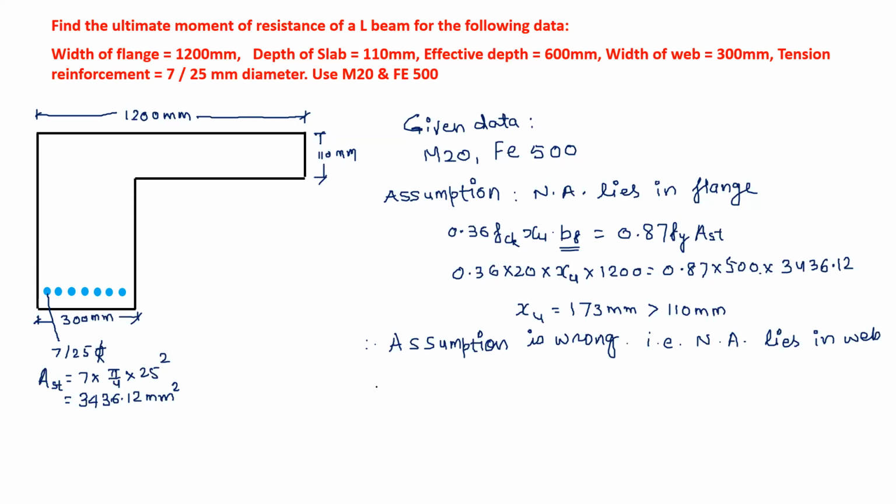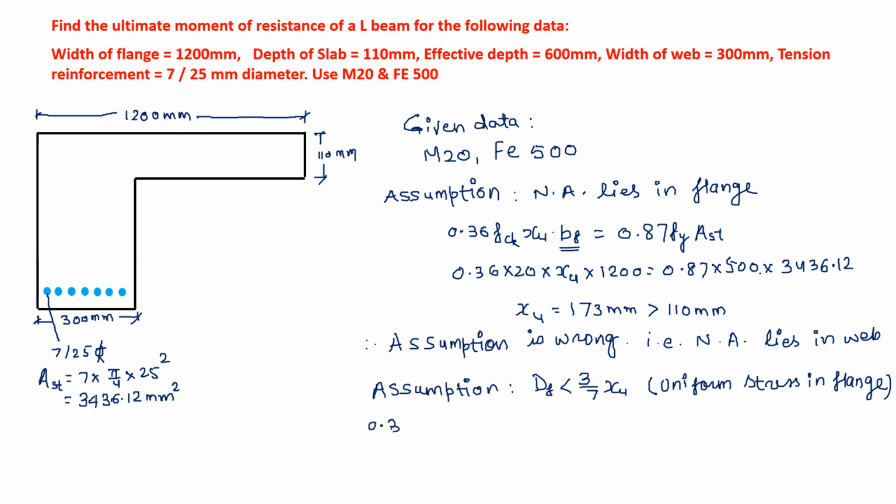Now in this case again we go with an assumption: Df less than 3/7 of xu. What does it mean? We have uniform stress in flange, which is 0.45 fck. And then we can have the equation 0.36 fck xu bw.